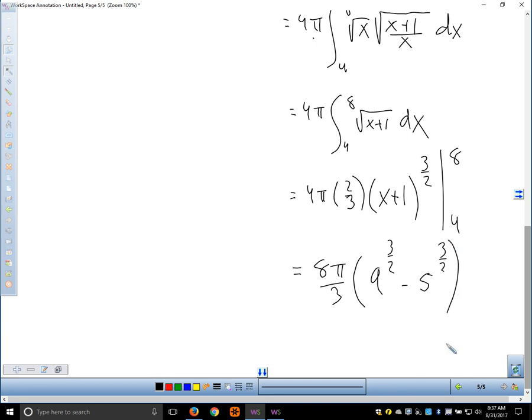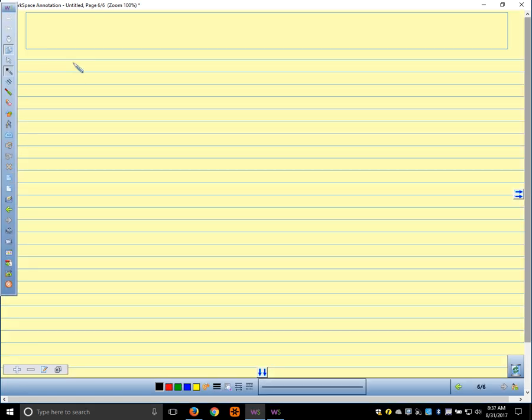There's our exact answer. I didn't put this in decimal form. All right, so that's the kind of thing that you'll see on these kinds of integrals. There are some little algebraic tricks that you can do so you can actually evaluate them.